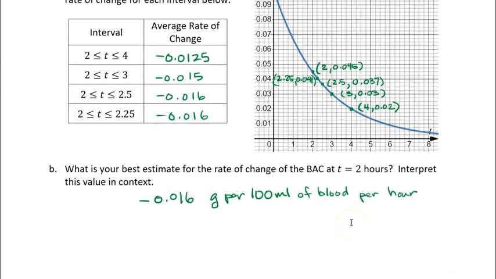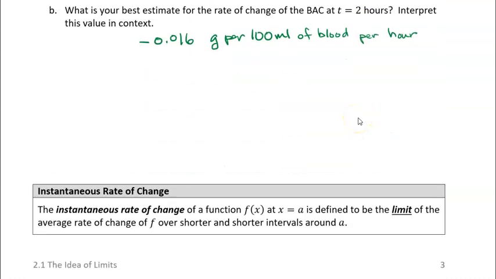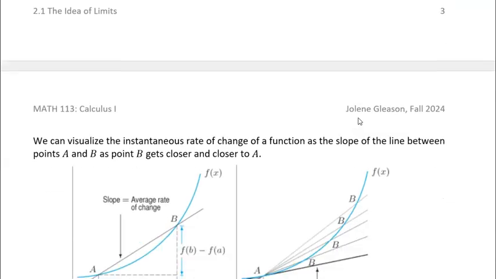So we're trying to find the instantaneous rate of change of the blood alcohol content at t equals 2, and we're taking time intervals that are shorter and shorter around t equals 2 to estimate the instantaneous rate of change. And instantaneous rate of change is the basis of the derivative in calculus.